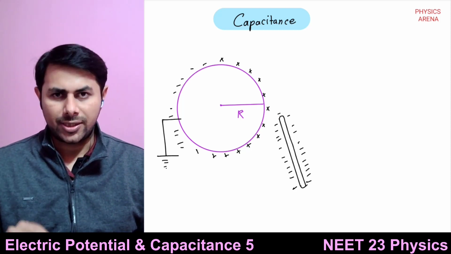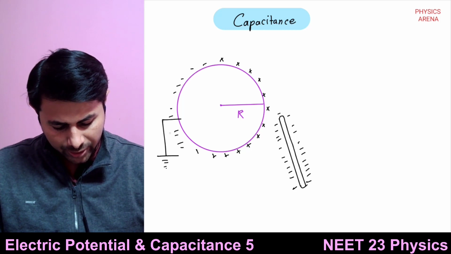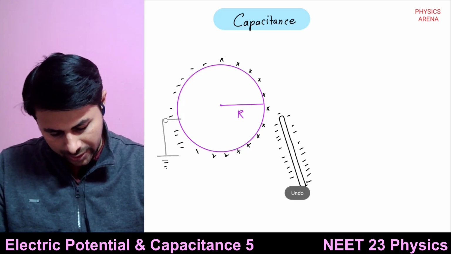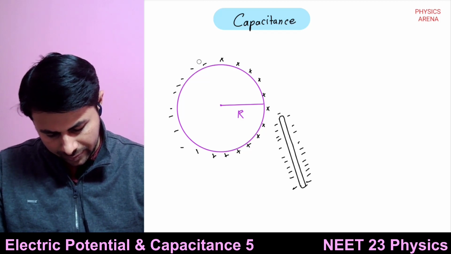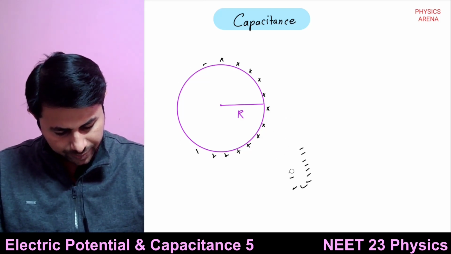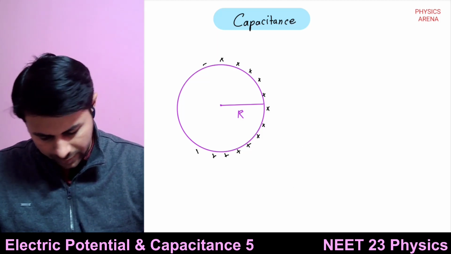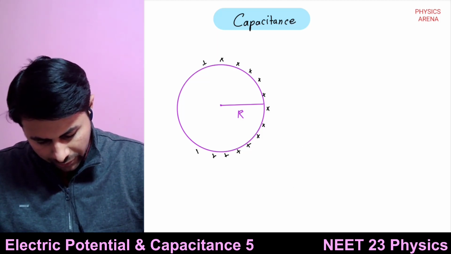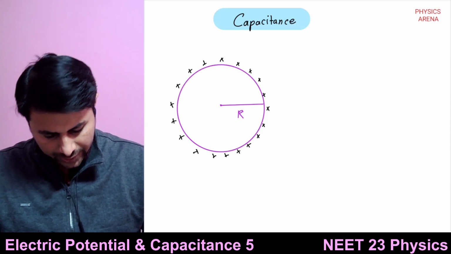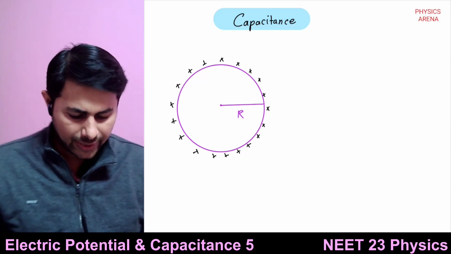There will be a positive charge on this conductor. So you remove all this. So you have induced a positive charge on this conductor, right?